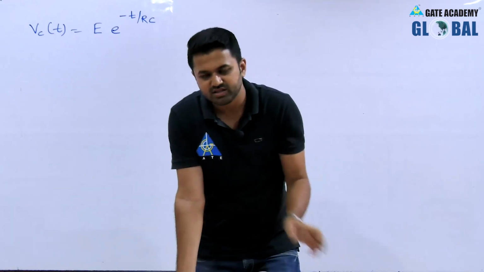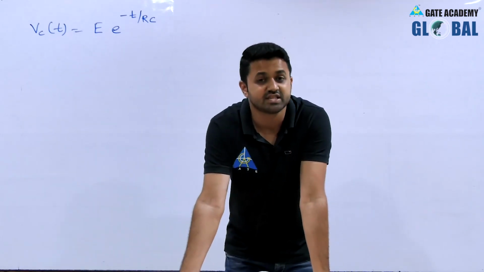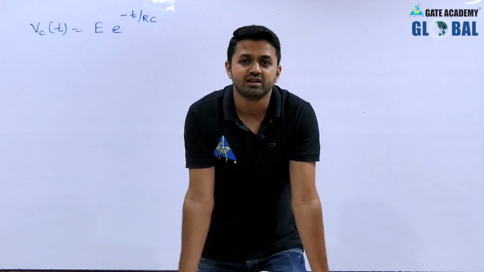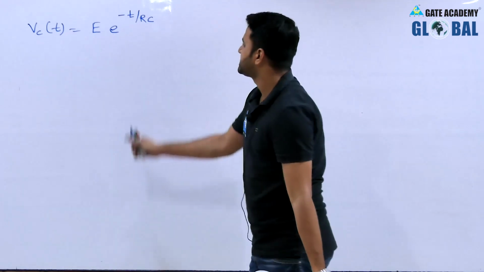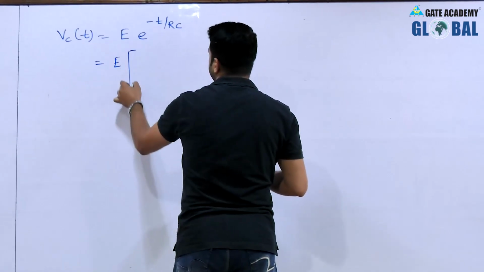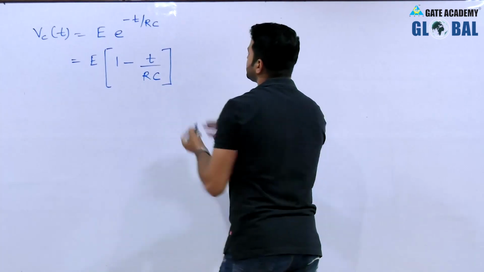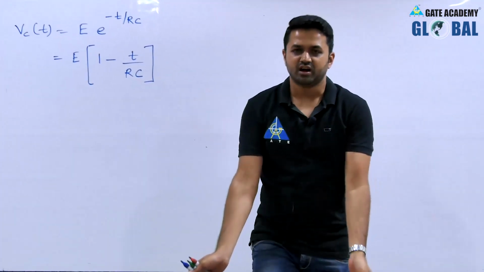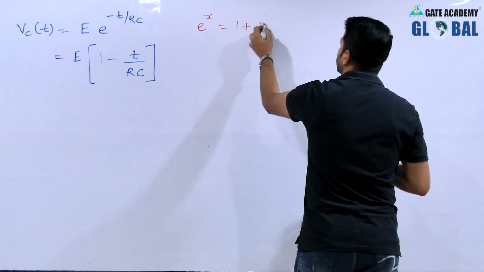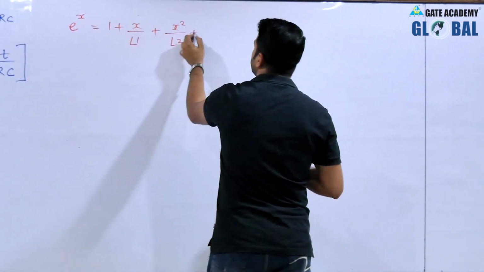But because the difference between successive carrier pulses is very small, we can approximate it to a linear equation. So this exponential term is approximated by the linear expansion, 1 minus t by RC. We know the formula: e to the power x is 1 plus x by factorial 1 plus x squared by factorial 2 and so on.